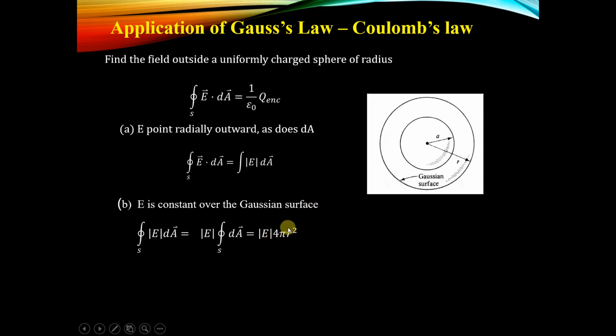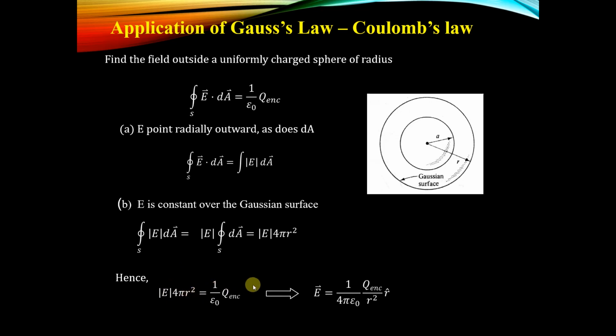Now what we are going to do is replace this closed integral E dot dA by mod E into 4 pi r square. And also the total charge enclosed, Q enclosed, I am going to write as just small q. So I can write mod E into 4 pi r square is equal to 1 by epsilon naught Q enclosed, or mod E is 1 by 4 pi epsilon naught Q enclosed by r square into a unit vector r.